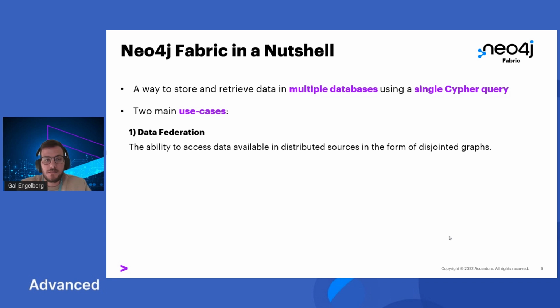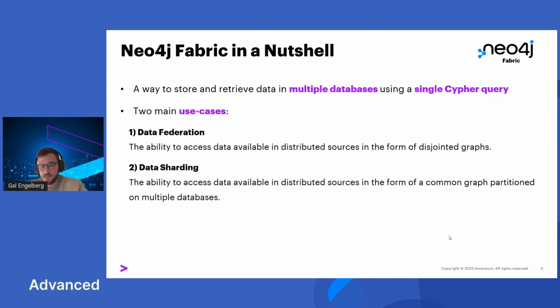The first use case is data federation, which is the ability to access distributed data in the form of disjointed graphs. This means that we have multiple databases with multiple schemas.